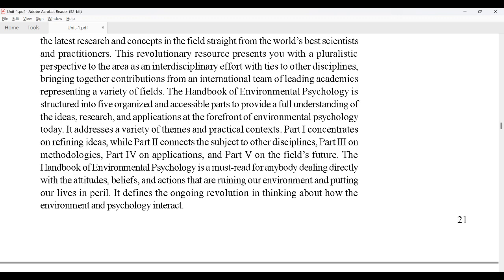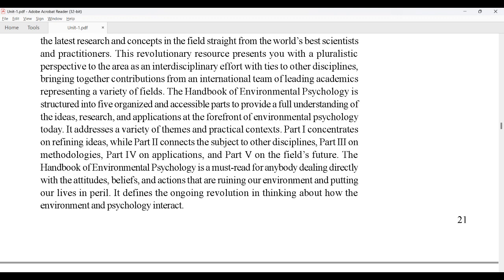The Handbook of Environmental Psychology is structured into 5 organized and accessible parts to provide a full understanding of the ideas, research, and applications at the forefront of environmental psychology today. It addresses a variety of themes and practical contexts.